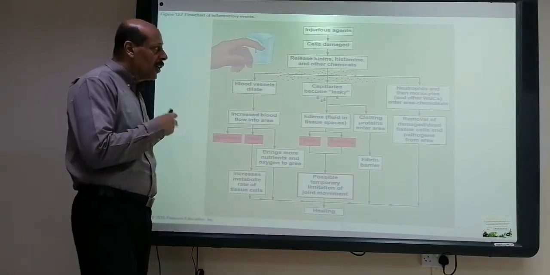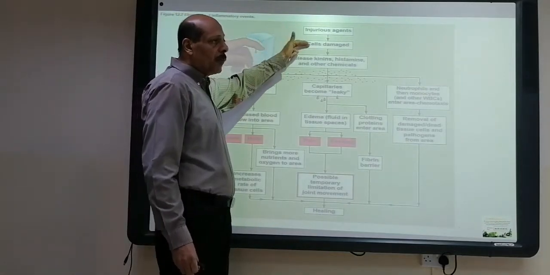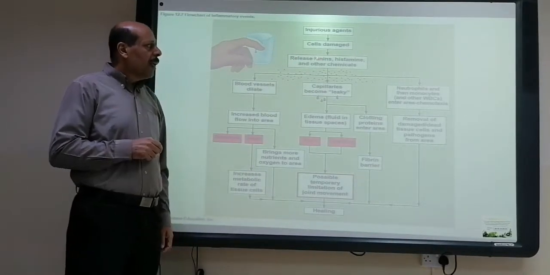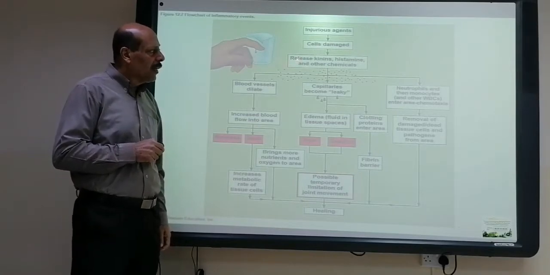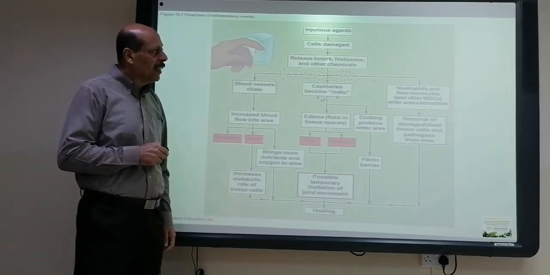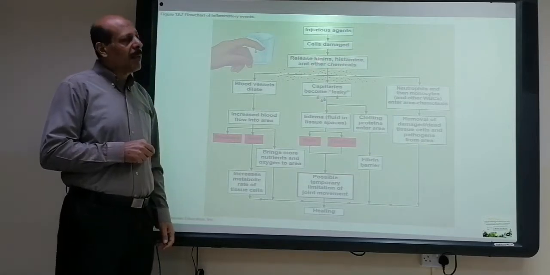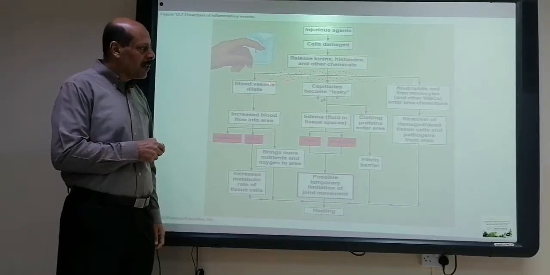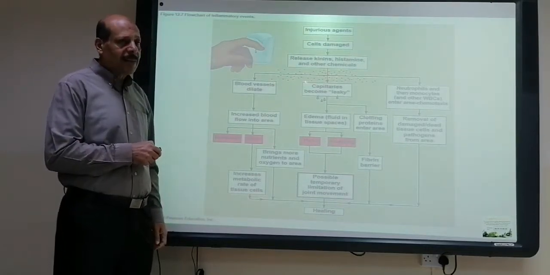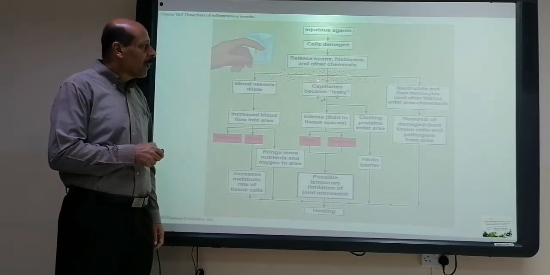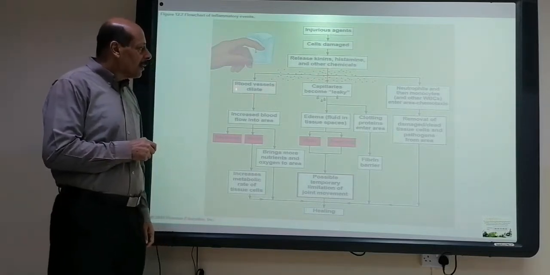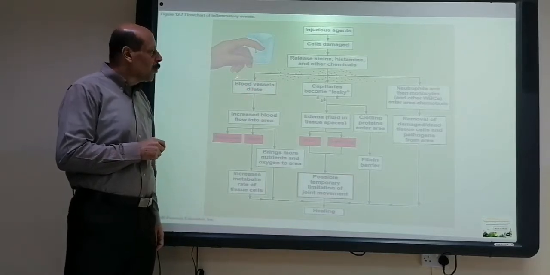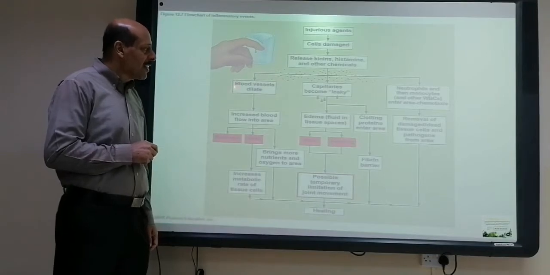In case of injury, there will be cell damage. The damaged cells release kinin, histamine, and other chemical substances. Those chemical substances spread at the site of the injury, act on the blood vessels, and lead to dilatation of the blood vessels.